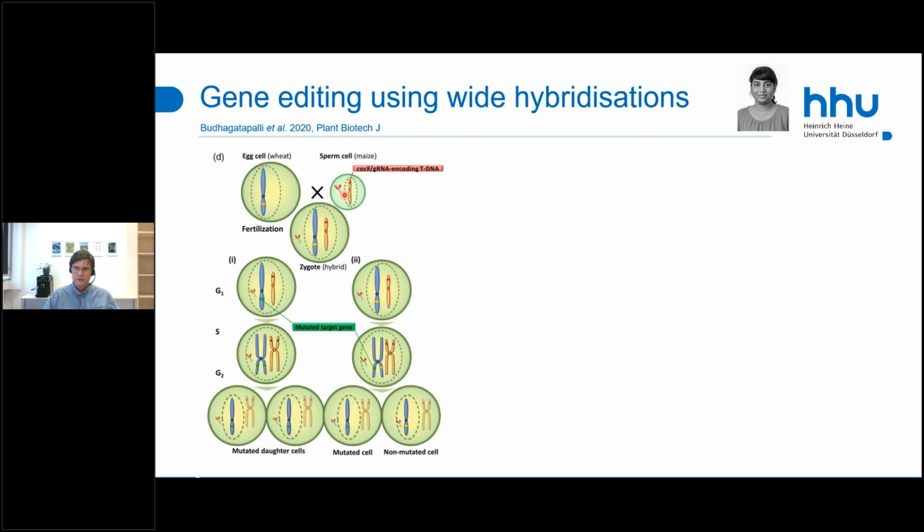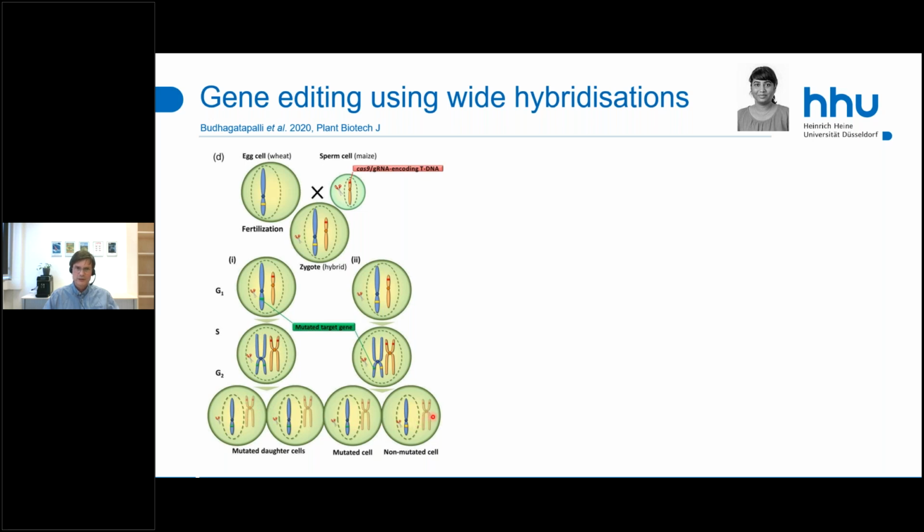So within the maize, it will not induce a mutation. But if this is now fertilized to an egg cell of wheat, then during the zygote and the further development, you will induce a mutation in the target genome, while afterwards you get rid of your transgene.